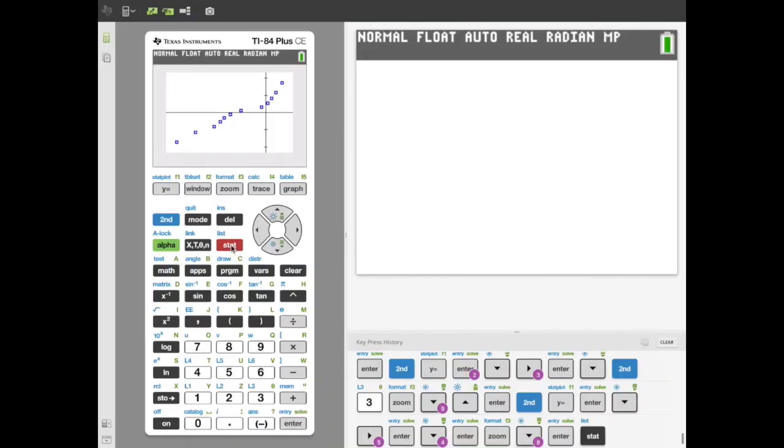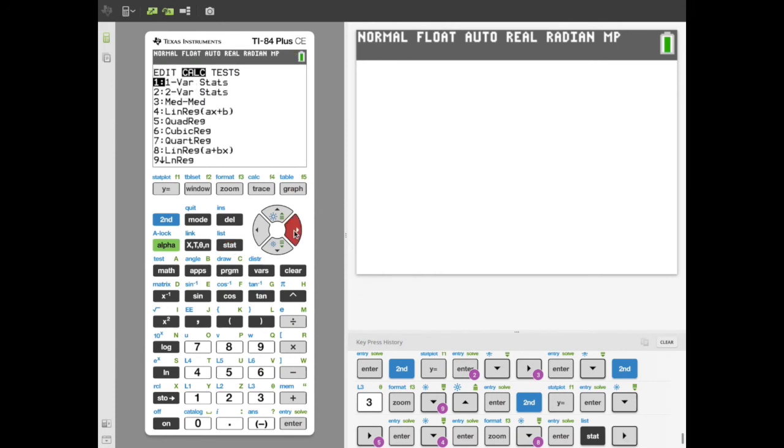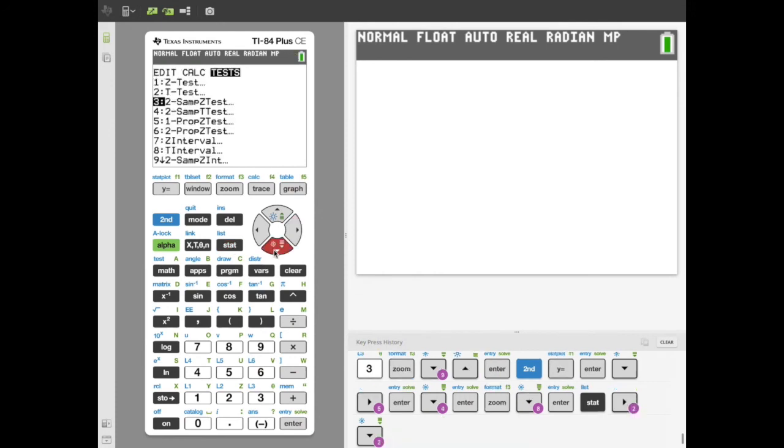So let's take a look at what we got going on there. All right, so I have my graphing calculator up. I'm going to go stat. I'm going to go over to tests. I'm going to go down to t-interval. Okay, because I'm dealing with a mean, interval because I need to find the interval. I'm going to go data because I still have the data plugged in there, and because I had L3 plugged in for my other calculation, it's right here also.